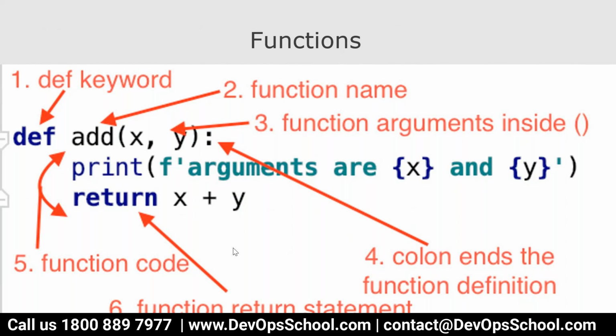Plus is an operator. So here you can understand: first, define the function; second, the function name; third, arguments; fourth, colon, remember that, which ends the function definition; fifth, function code; and then sixth, return value. Are you understanding, all of you?